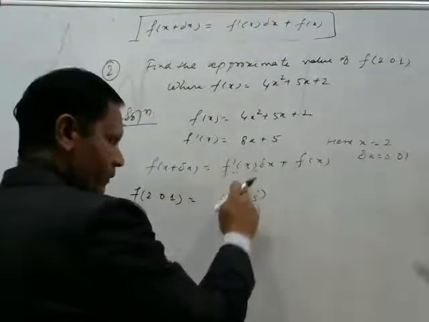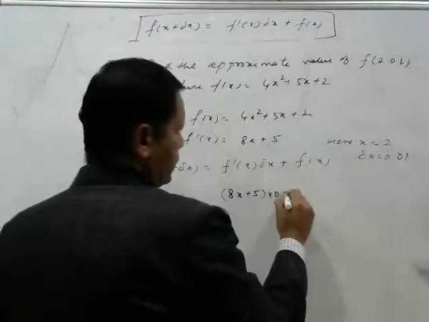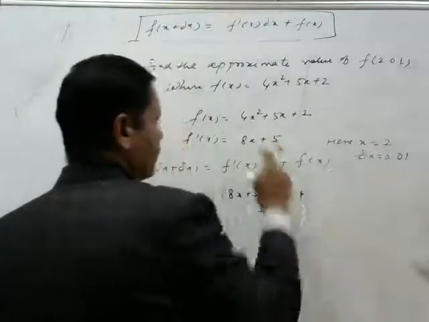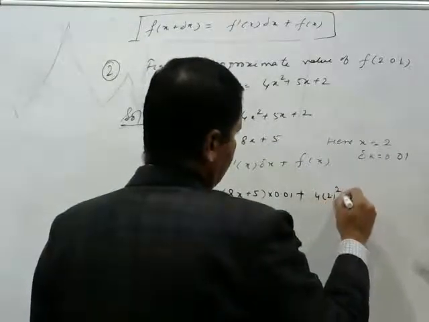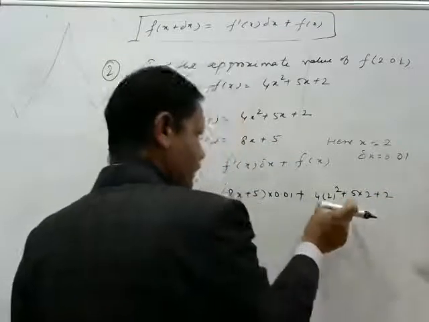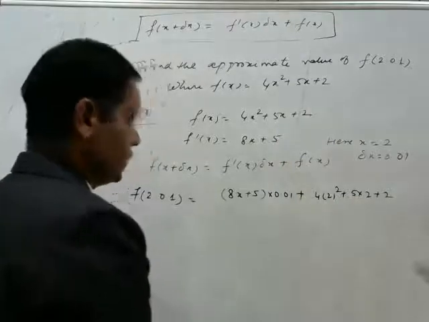So now f dash of x is 8x plus 5, delta x is 0.01, plus f of x. f of x is 4 into 2 whole square plus 5 into 2 plus 2. Better you should find the value of f of x separately and put the value directly over here. That also we can do.